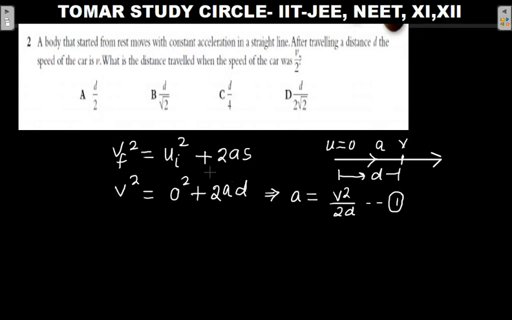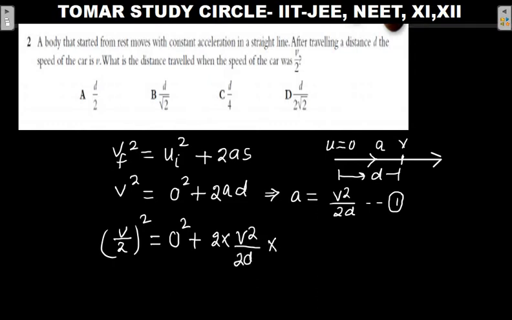Again, putting these values in this equation, we can write (v by 2) square will be equal to initial speed 0 square plus 2. On putting the value of a from equation first, a is v square by 2d, multiplied by d dash.